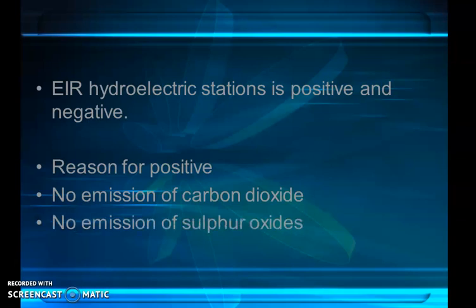Second reason, they don't emit sulfur oxides, they don't emit any oxide of sulfur, so its EIR will be positive. Third reason is no emission of nitrogen oxide, which is also a harmful gas if it radiates in the environment, so the EIR will be positive.